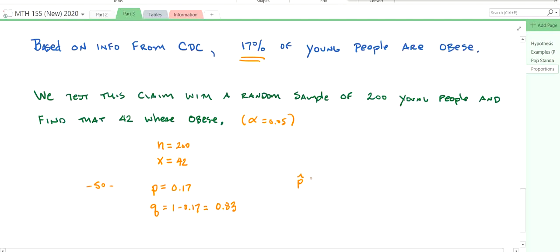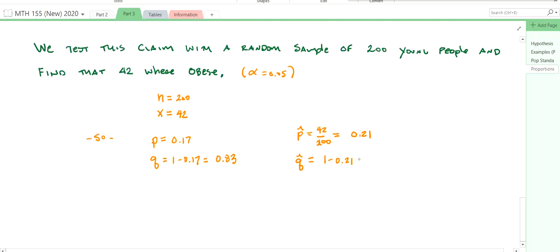Our sample, P hat, is 42 over 200. So that's 0.21. And Q hat then is going to be 1 minus 0.21, which is 0.79.